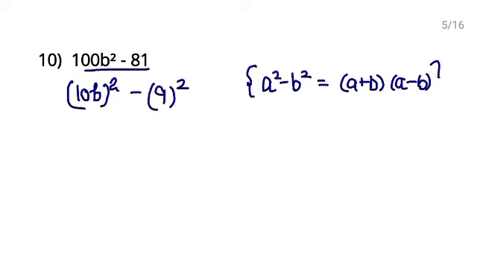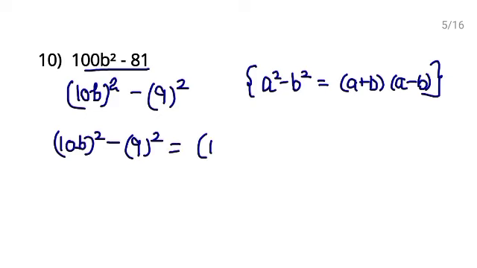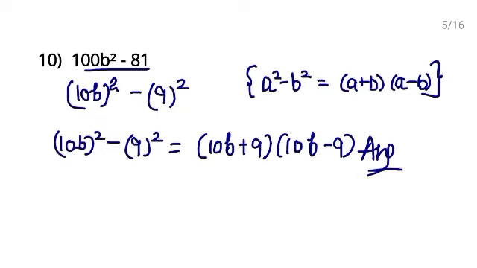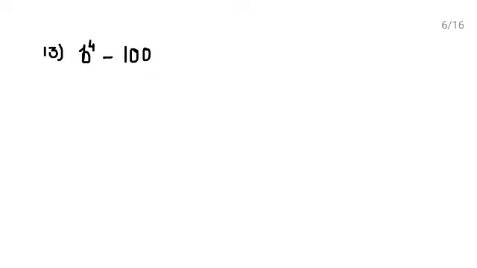So we will write this 10b whole square minus 9 square as, first of all, the sum of the bases, 10b plus 9, into the difference of the bases, that means a minus b, 10b minus 9. This is your answer.